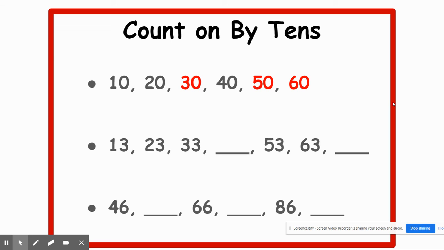Here's your solution. 10, 20, 30, 40, 50, 60. Again, only the number in the tens position went up by 1 ten. The ones place stayed the same. Pause and do the solution for the next one.